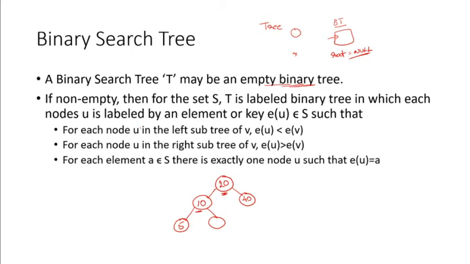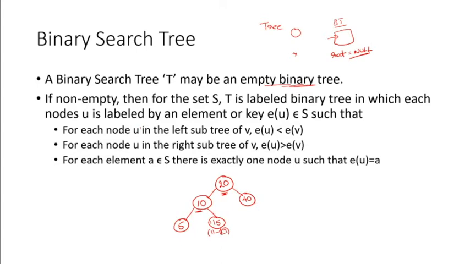Only if it is less than 20 does it come to the left subtree. So you can have any values between 11 and 19 here. For example, let us take 15.